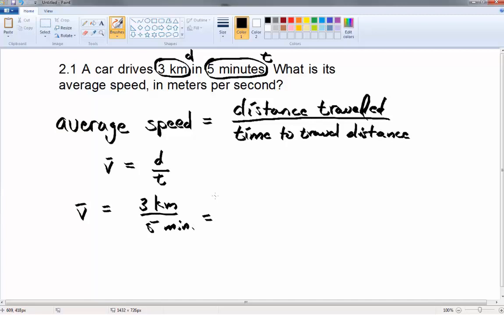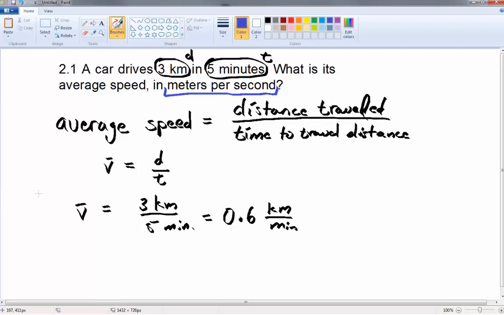You throw that into your calculator, and what you end up getting is 0.6 kilometers per minute. Now, the thing is that this example asks specifically for the speed in meters per second. So we need to convert this into meters per second.